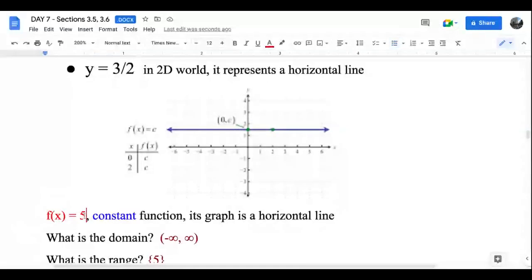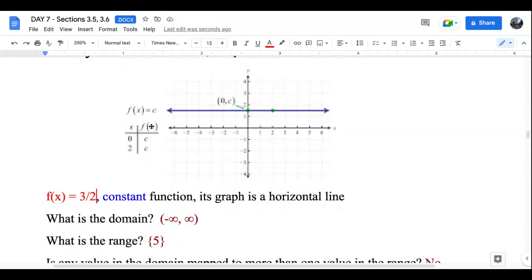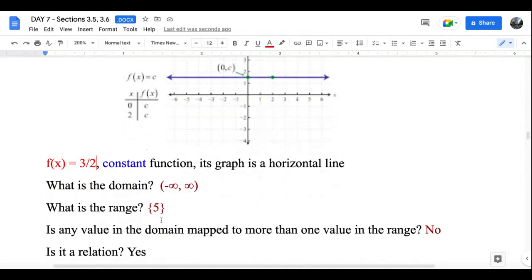So we can write this as a function. So we'll call this constant function. Right? 3 halves, constant function. The graph is a horizontal line. What is its domain? The domain is all real numbers. What is its range? It's only 3 halves. Okay. You see, constant function's range is not all real numbers.